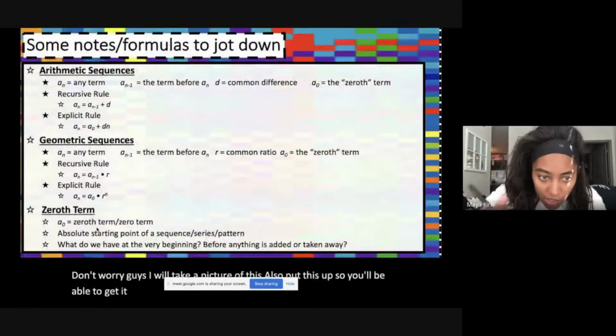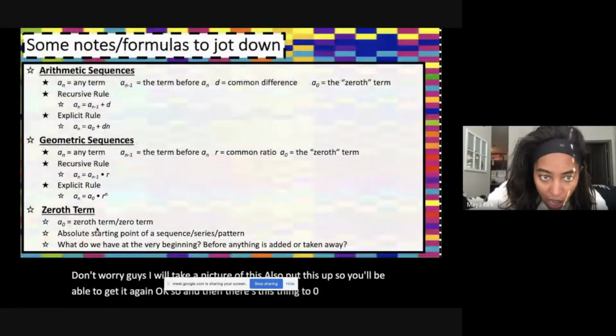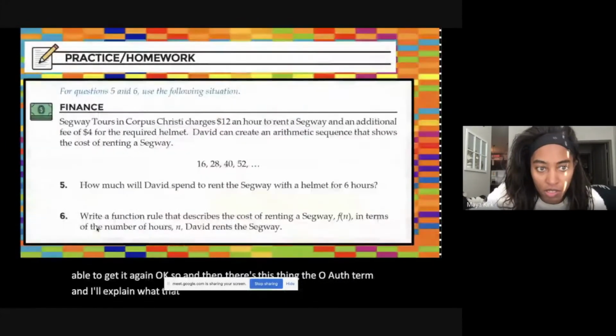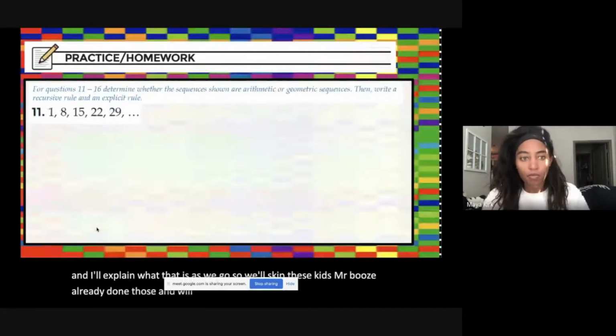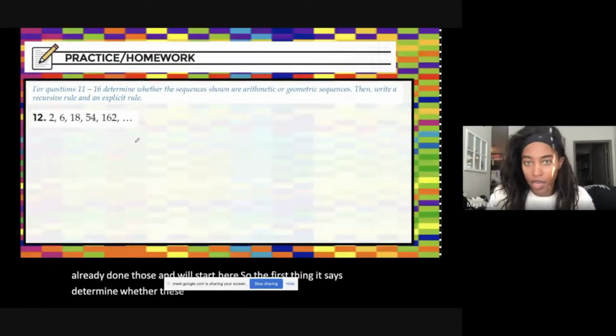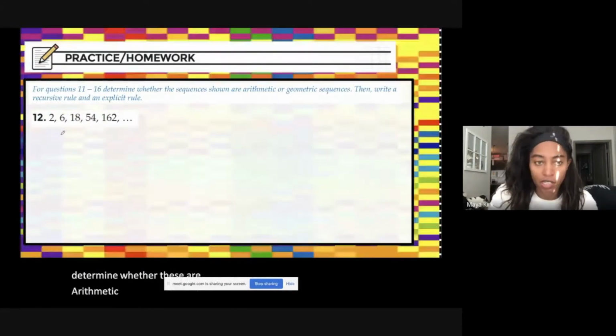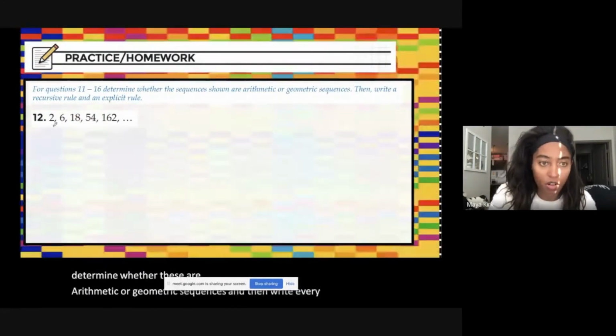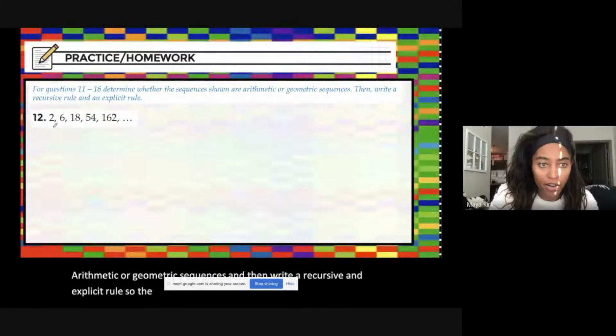Okay, and then there's this thing, the zeroth term, and I'll explain what that is as we go. So we'll skip these since we've already done those, and we'll start here. The first thing it says is determine whether these are arithmetic or geometric sequences, and then write a recursive and explicit rule. The first thing I have to do is look at the pattern.